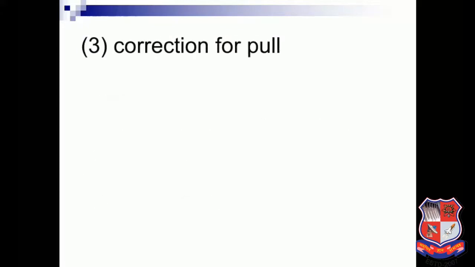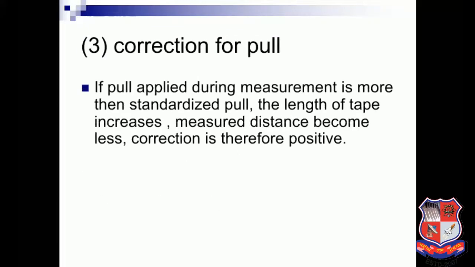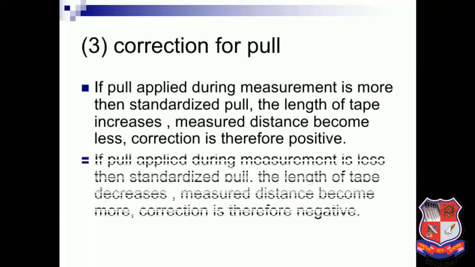Now correction for pull. If the pull applied during the measurement is more than the standardized pull, the length of the tape is increased, the measured distance becomes less, and the correction is therefore positive. If the pull applied during the measurement is less than the standardized pull, the length of the tape is decreased, the measured distance becomes more, and the correction is therefore negative.